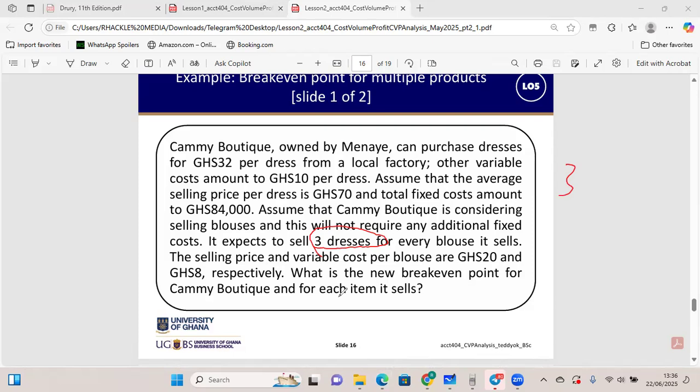So 3:1. This is the sales mix. So we are going to work based on the sales mix so that you get this concept easily. So let's go now. This is how I solve my questions when it relates to sales mix.